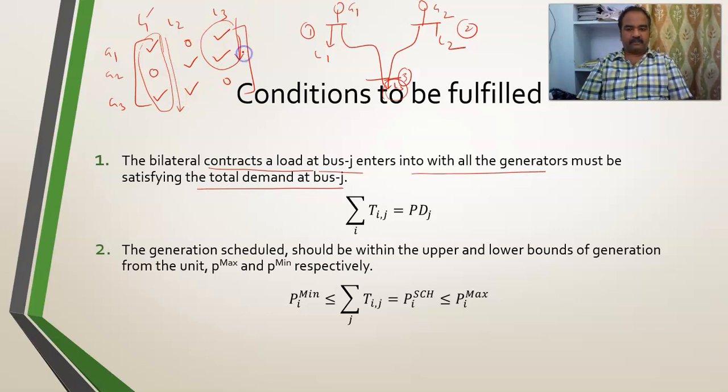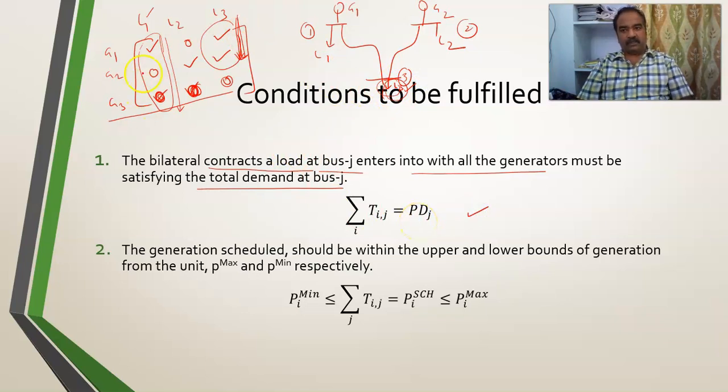There is no G3, so I won't be getting any G3 here. Now see here, this L3, the summation of these two powers, one coming from G1 and the other from G2, must be able to meet the entire demand at L3. This is the first condition to be fulfilled.